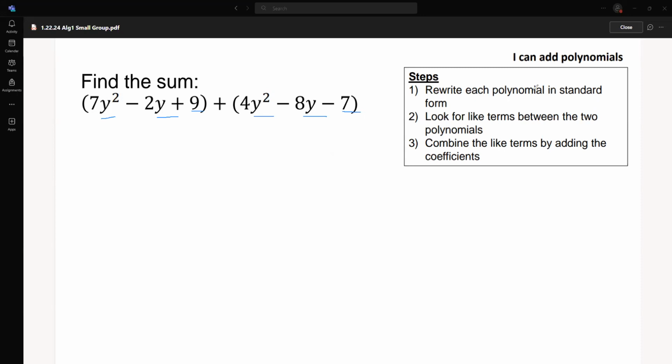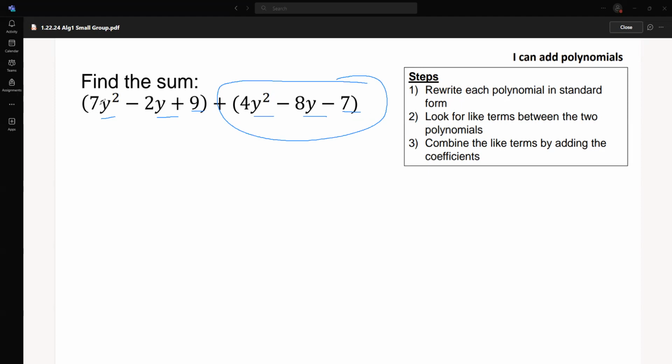We have to rewrite each polynomial in standard form. If you guys don't know what standard form is, you're looking straight at it. Look for the like terms between two polynomials. We just did that. Now let's combine like terms by adding coefficients. Coefficients are literally the numbers you see right here.